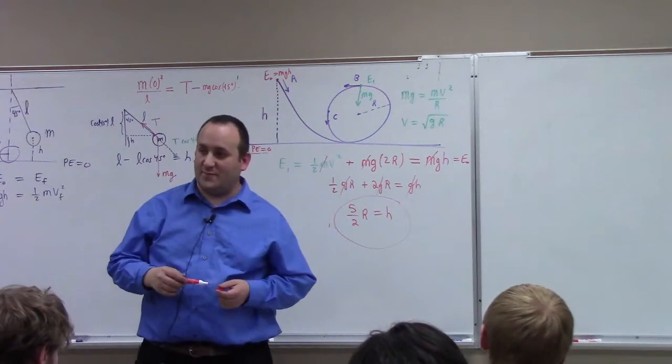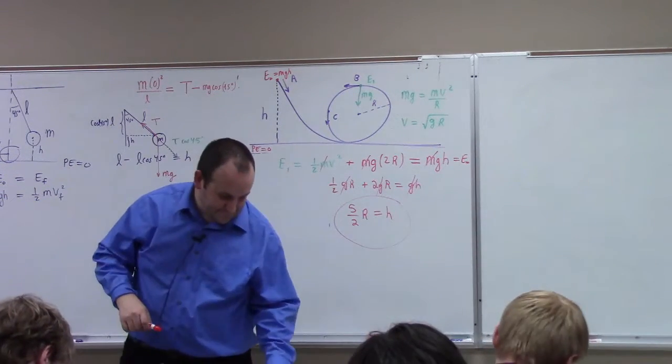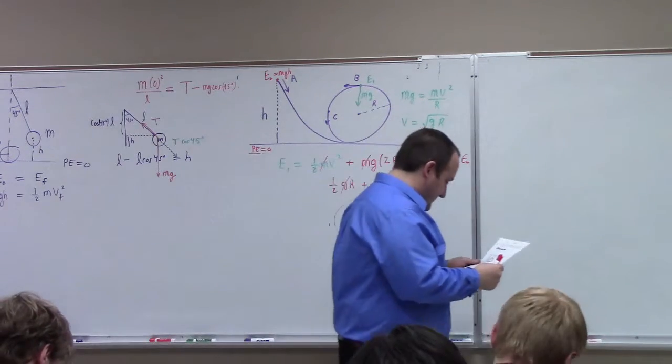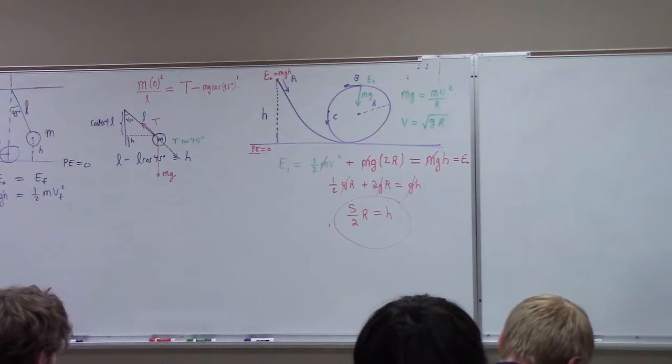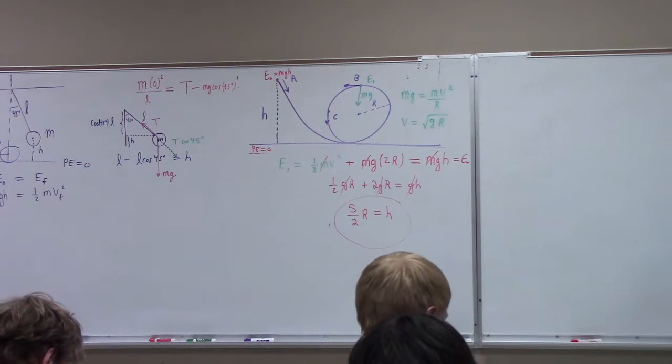But have I solved your test problem? That is the question we could ask. So do you guys understand how to do the other parts of this question now that we've done this, or no?